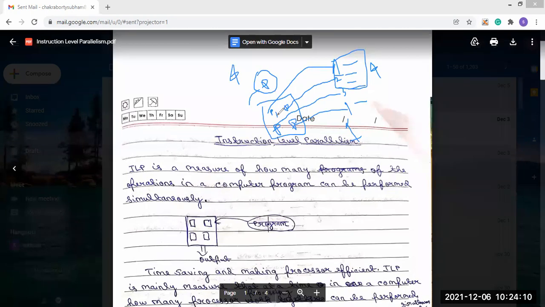This is parallelism. Now what is instruction level parallelism?